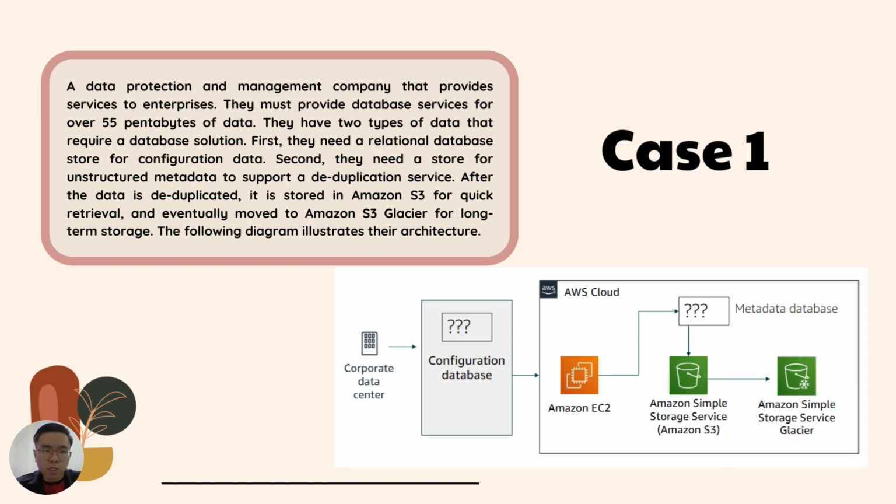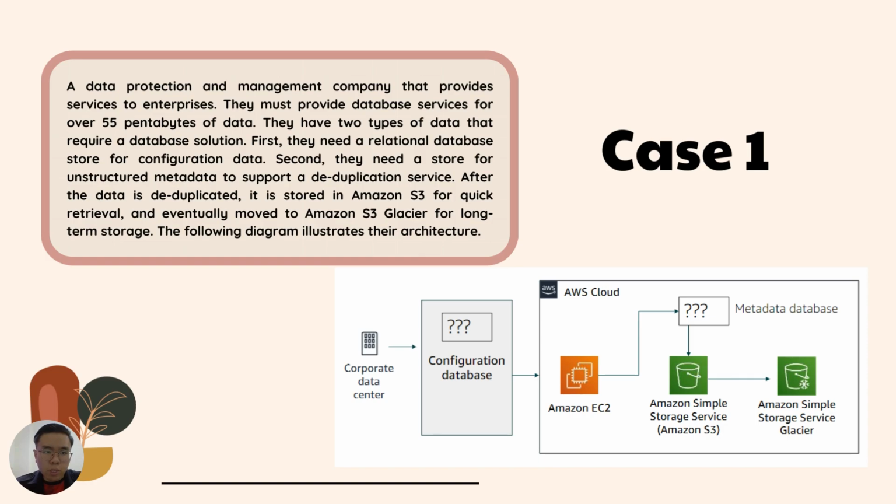They must provide a database service for over 55 petabytes of data. They have two types of data that require a database solution. First, they need a relational database store for the configuration data, and second, they need a store for unstructured metadata to support the deduplication service.